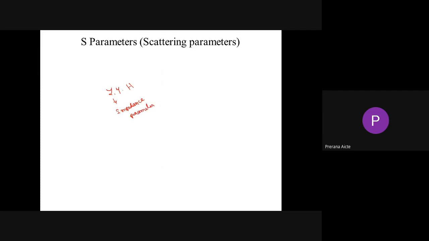In these impedance parameters, the voltages V1 and V2 can be represented in terms of currents, either input current or output current, of any given network.